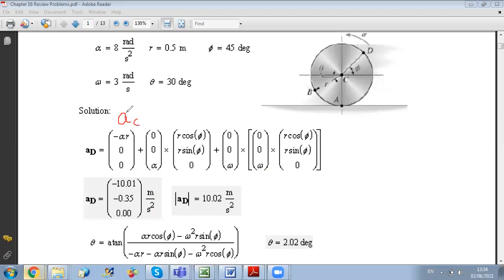Instead of writing that AC equals minus alpha r i plus 0j plus 0k, okay, they put it this way. So this is the I component, minus alpha r. Since no components along j and k, they are 0, 0. Okay? So this term represents AC.